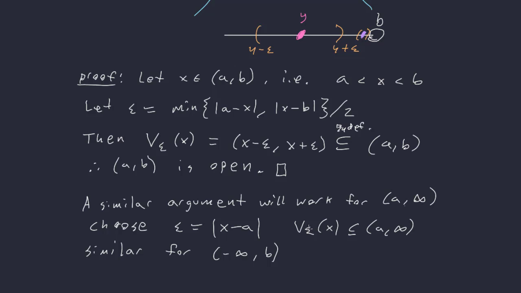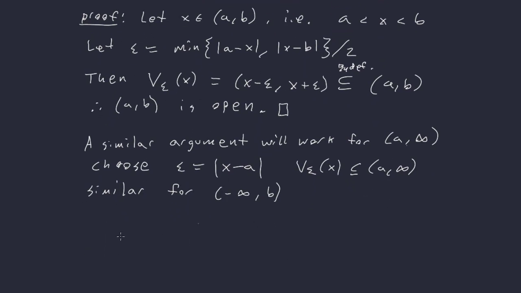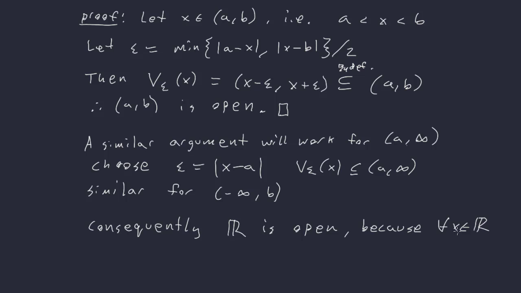Okay, this also gives us that, so consequently, all of R is open, right? Because for all x in R, we don't even have to specify an epsilon.